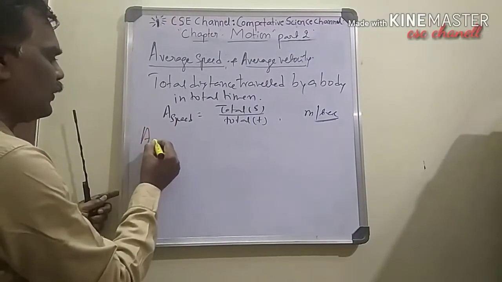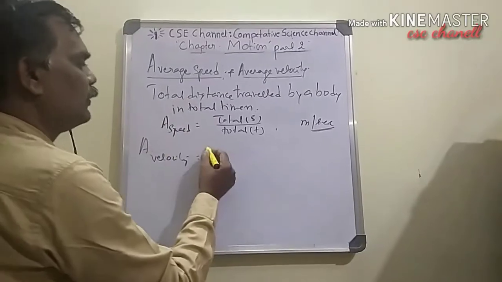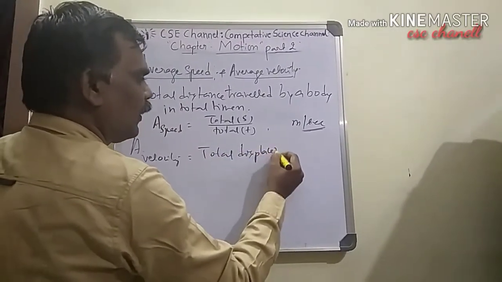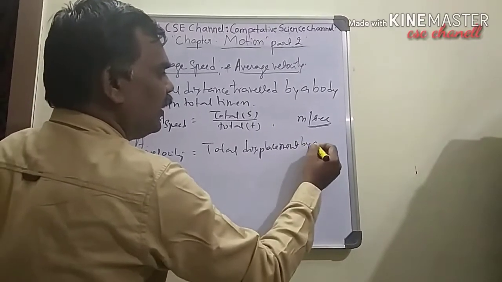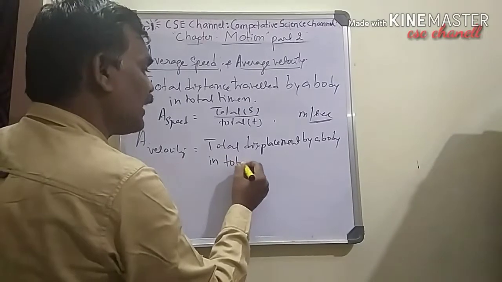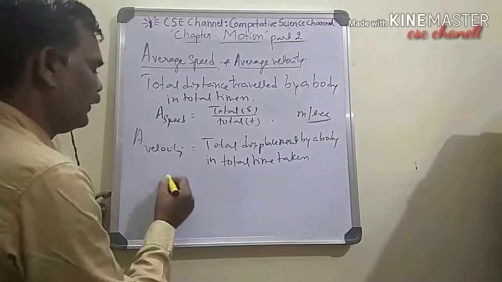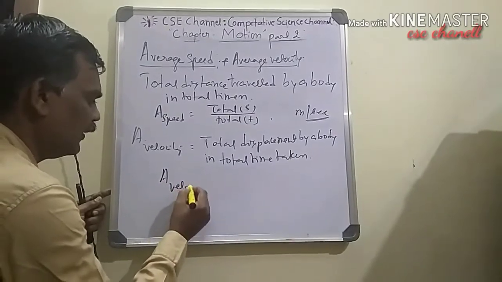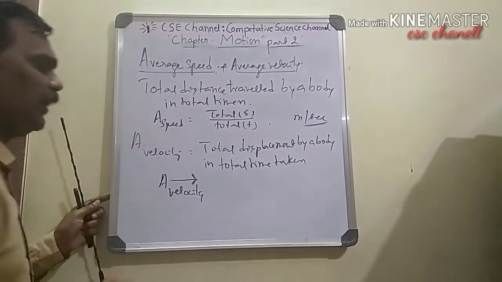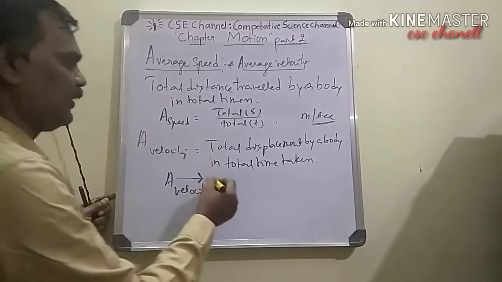Similarly, average velocity is total displacement by a body in total time taken. Here the speed and velocity are the same, but for velocity we write an arrow mark that shows it has both magnitude and direction.